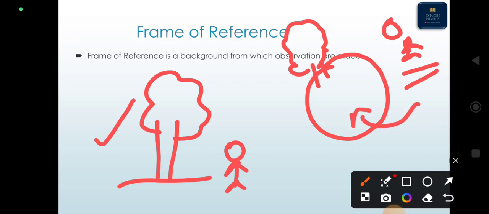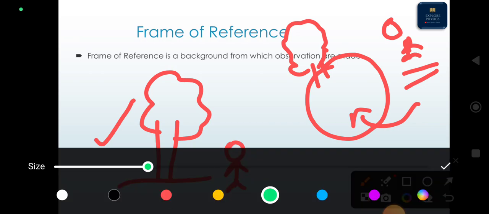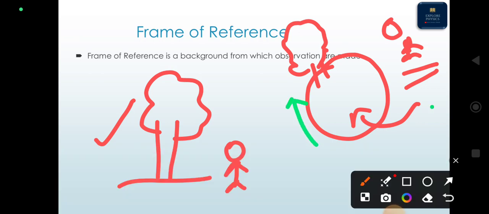according to him, it is in the state of motion, because the earth is moving with respect to this person, right? Because the earth is moving. Now if the earth is moving, the tree will also move, right? So therefore, according to this person, the tree is in the state of motion.